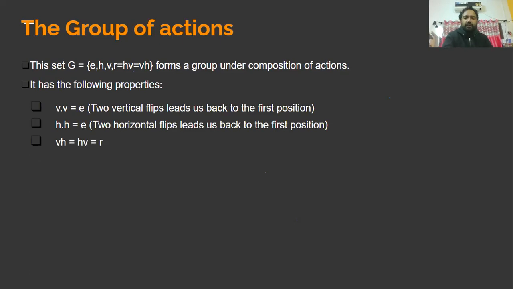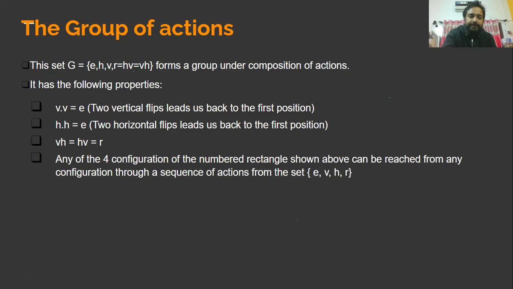VH is equal to HV, or a vertical flip followed by a horizontal flip is equal to a horizontal flip followed by a vertical flip, and both are equal to a rotation around the axis by 180 degrees. And any configuration of the numbered rectangles can be reached from any configuration through a sequence of actions from the set E, V, H, and R. And lastly, the name of this group is called the Klein's 4 group.